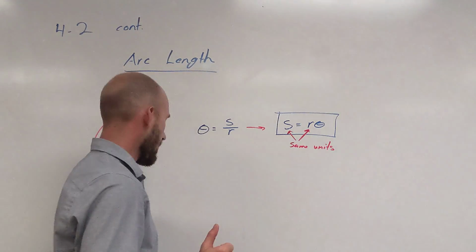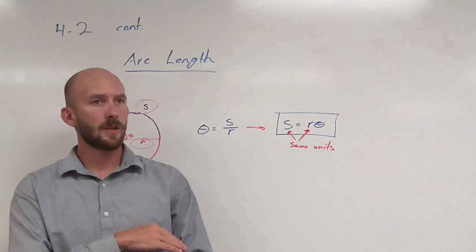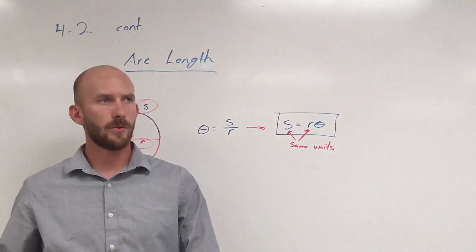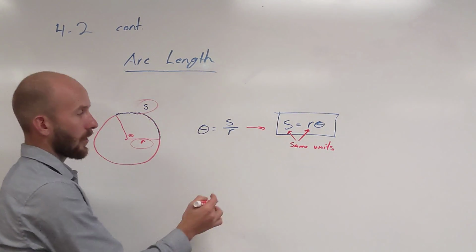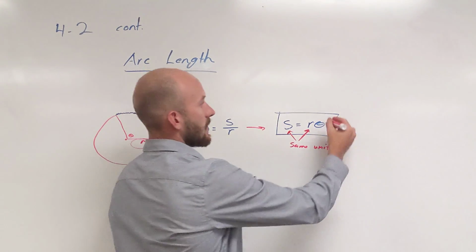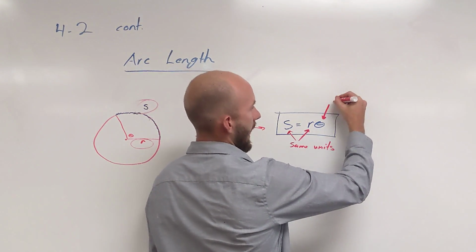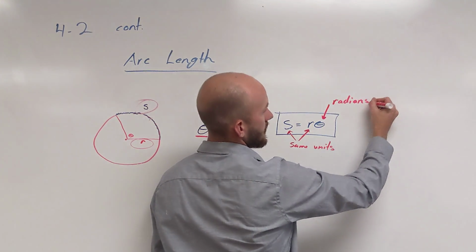The other thing, and this is honestly what I see people miss the most in this whole section: theta, in order for this to work, was defined as radians. So here, theta has to be in radians.